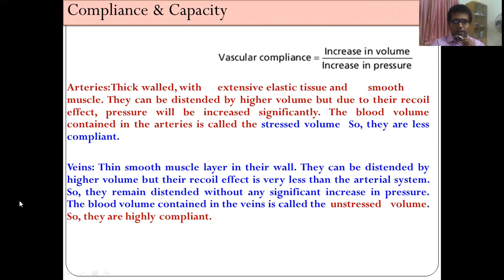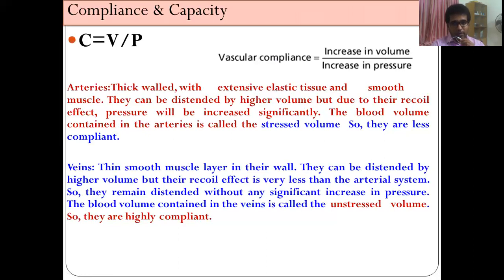So here you can see vascular compliance is equal to change in volume divided by change in pressure. Okay, if the volume is increased without any significant change in pressure, that means there will be more compliance, vascular compliance is increased. But if the volume increases with a significant increase in blood pressure, that means the vascular compliance will be less.